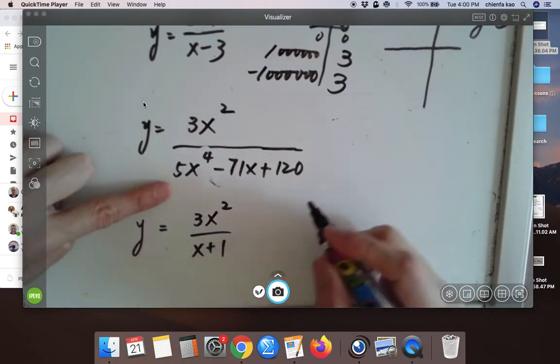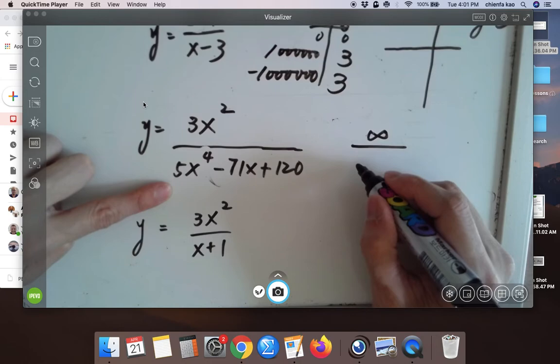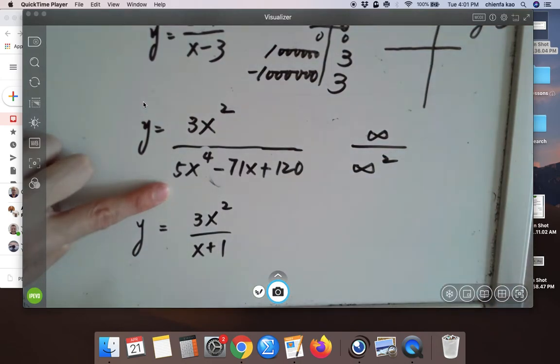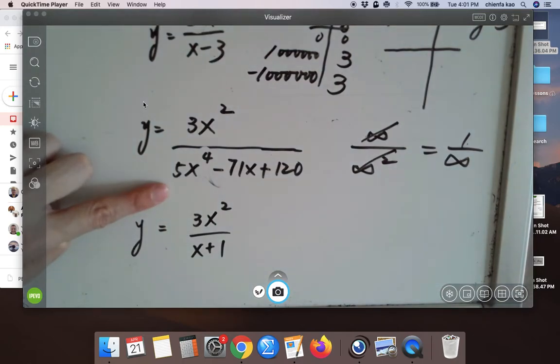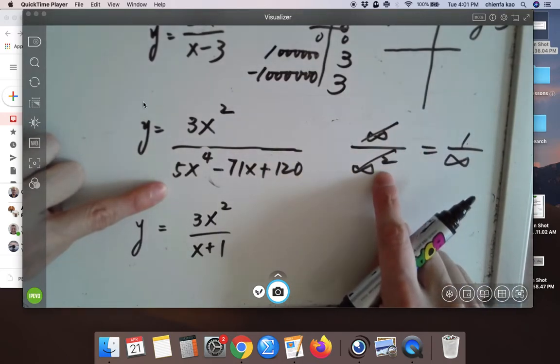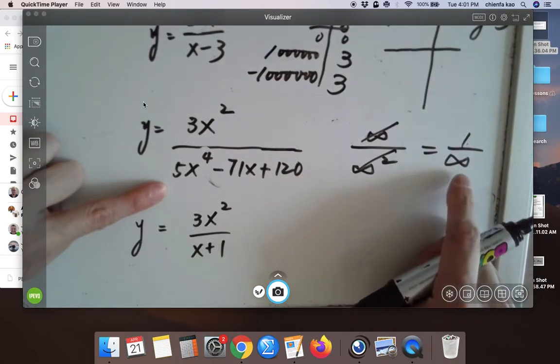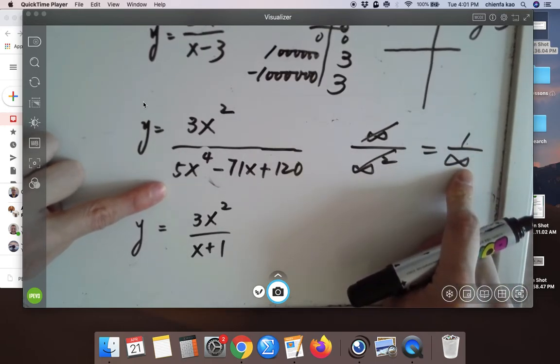So if you think about it like this, if you just do infinity divided by infinity squared, you cancel out one infinity, you still have one infinity. That's still an infinite amount, right? Even though the top is infinite, the bottom you have infinity squared. So what would this number look like? 1 divided by a huge number.